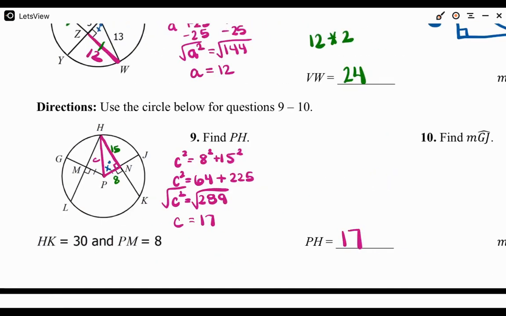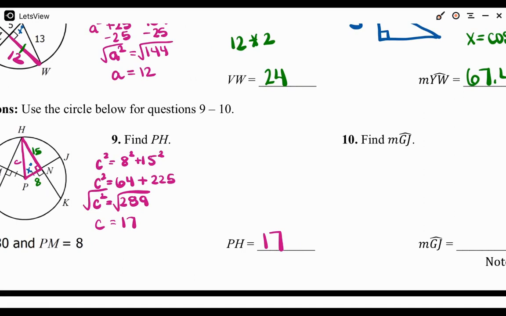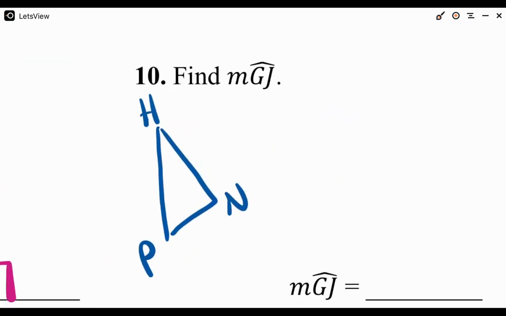So I'm going to redraw my triangle over here just so it's a little bit nicer to see. I'm going to try and draw it the same way. So it's kind of like this in our picture. You guys see that? That's our H and P. So this is 15.